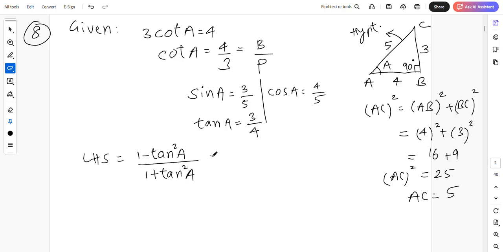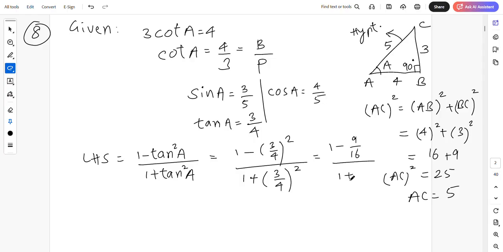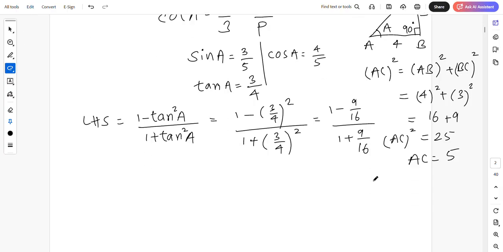Let us check. That is equal to 1 minus, tan A is 3 by 4, 3 by 4 the whole square, divided by 1 plus 3 by 4 the whole square. That is equal to 1 minus 9 by 16 divided by 1 plus 9 by 16.